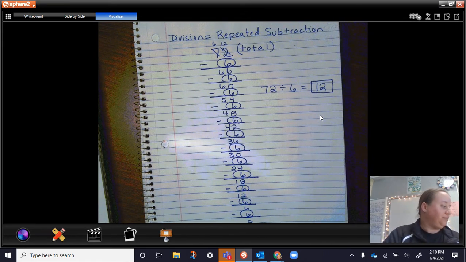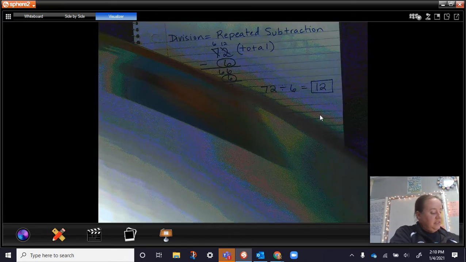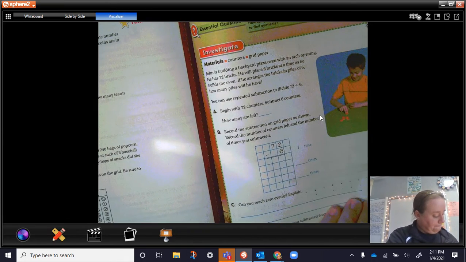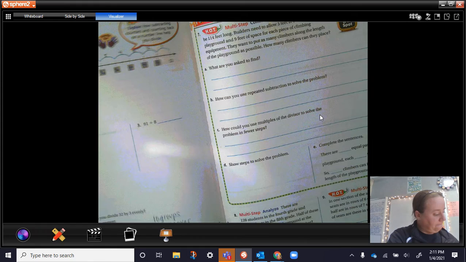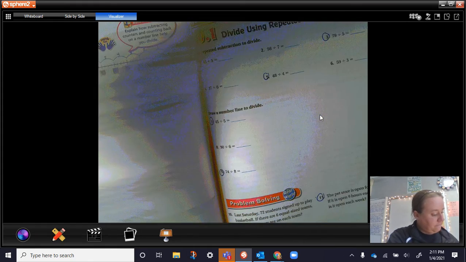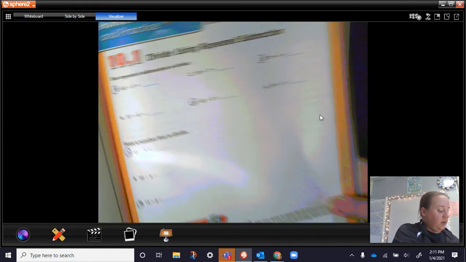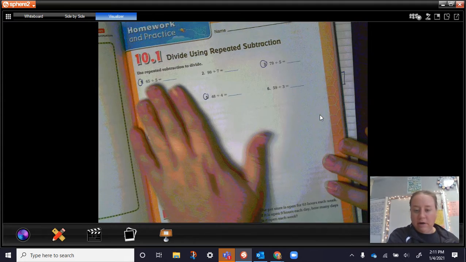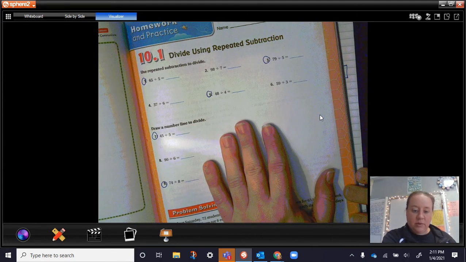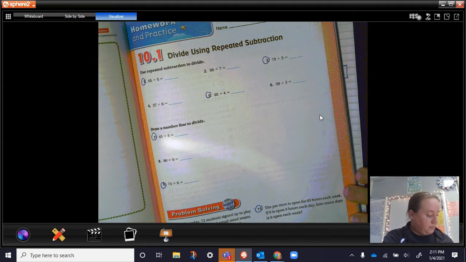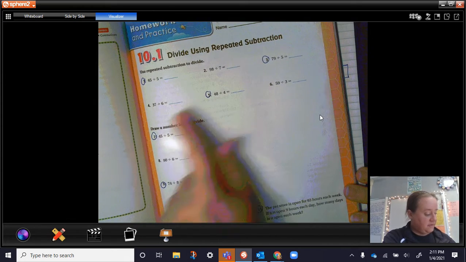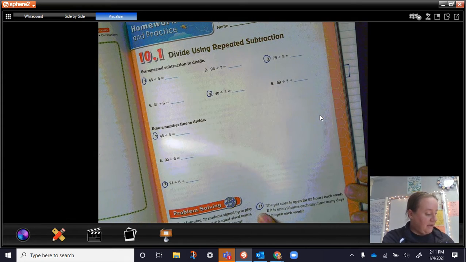So then, after we did that problem, students went to here. And today we were doing the odd problems. So 1, 3, 5, 7, 9, and 11.